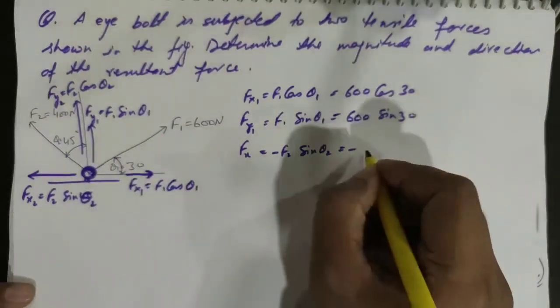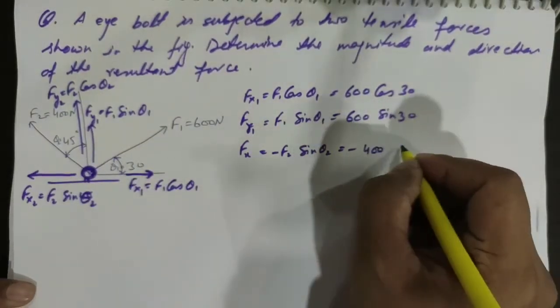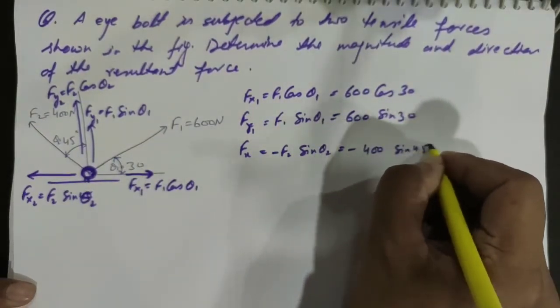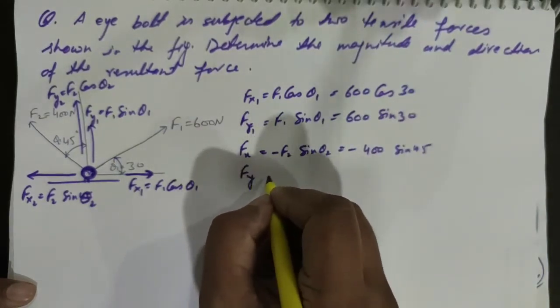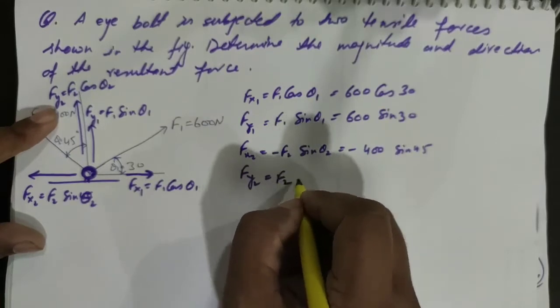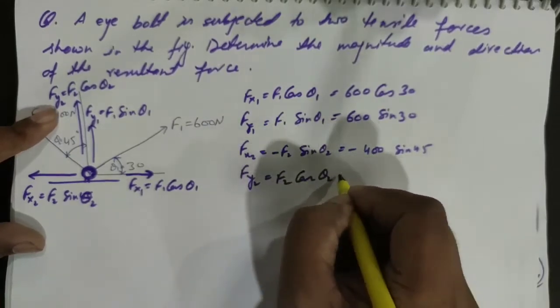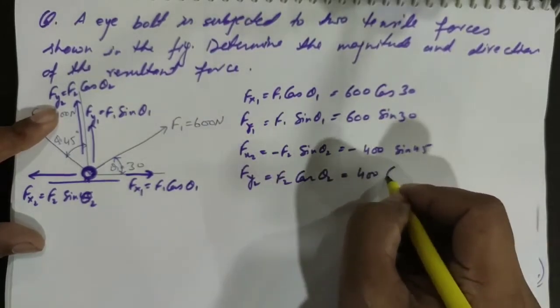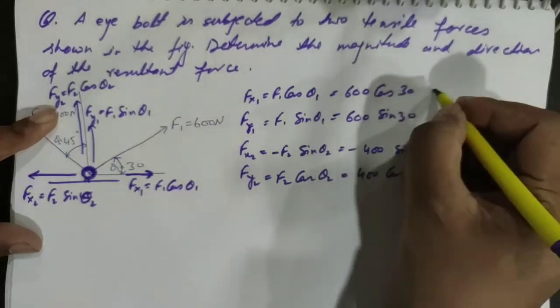It is F2, 400 sin 45, and Fy2 is F2 cos theta 2, equal to 400 cos 45.